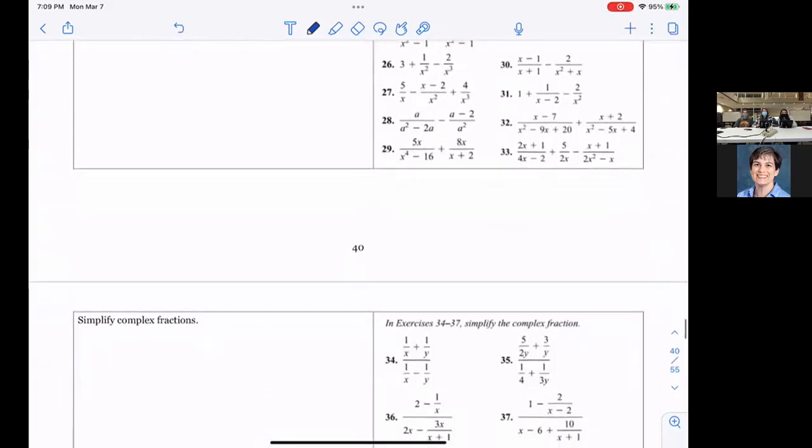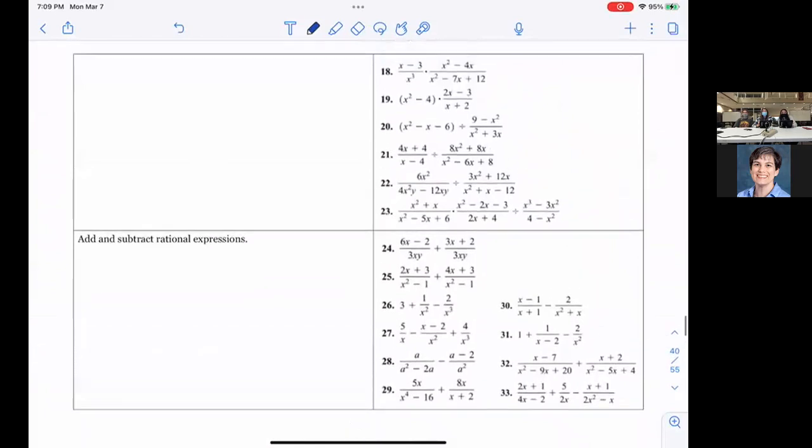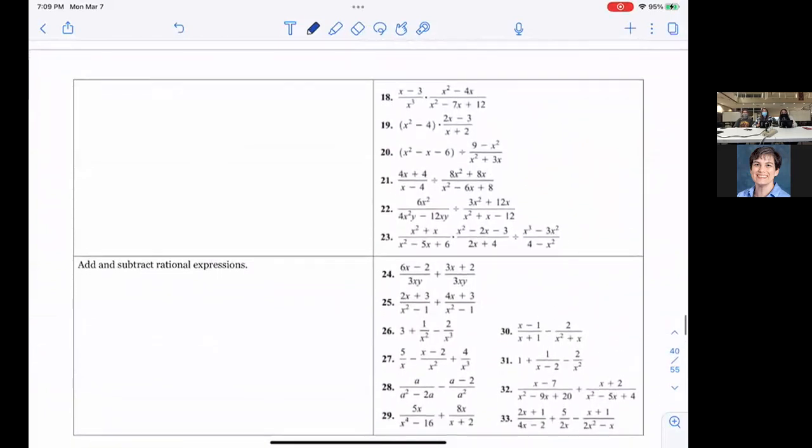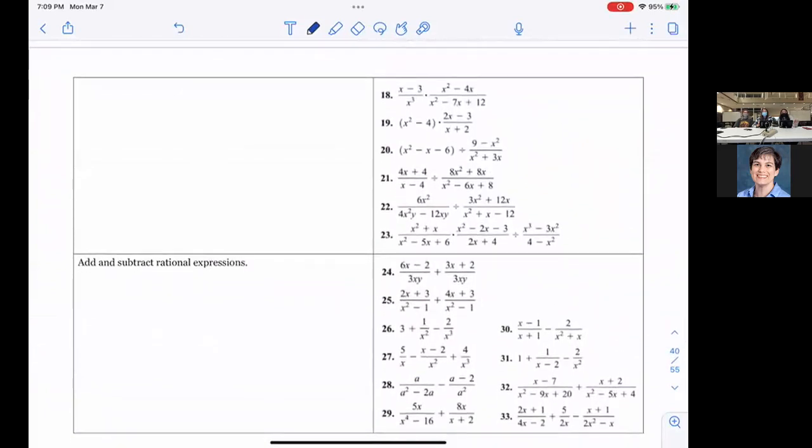You can stop on that page if you want to ask if there's questions. Do we have questions here? Okay, all right, so 23. This is gonna be another long one. We'll try to get through it.